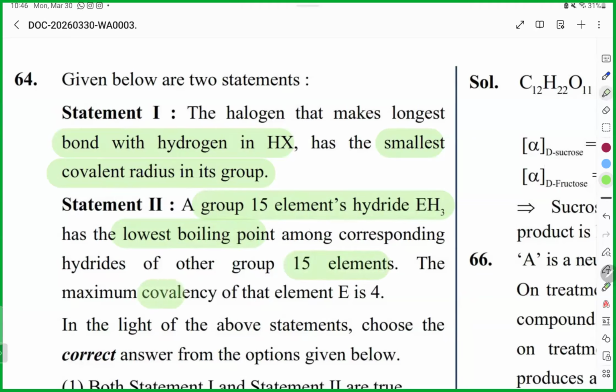The maximum covalency will be 4. Everybody tell me your answer. It's okay even if it is wrong. What could be the possible answer?